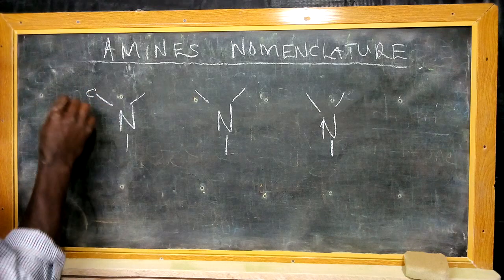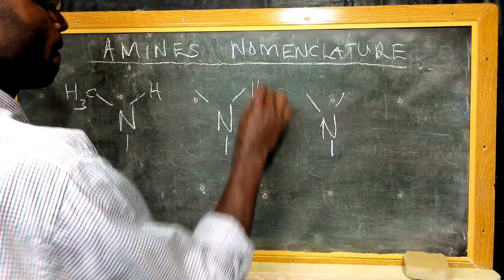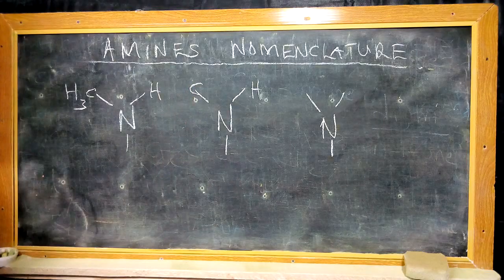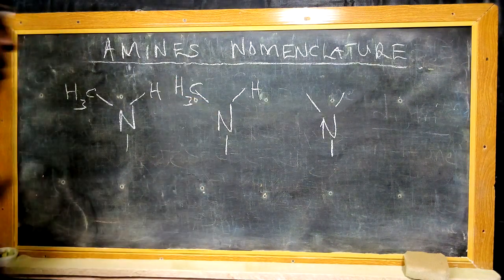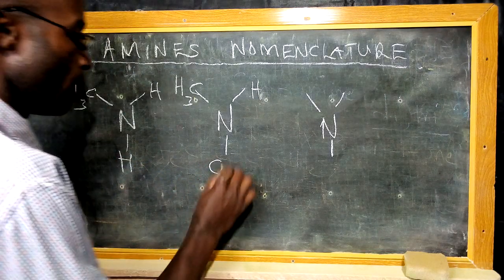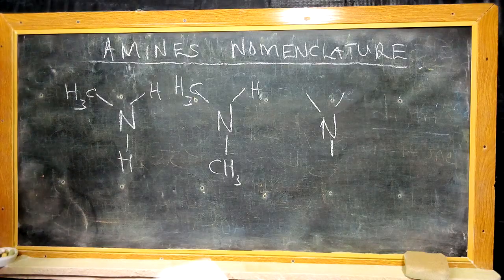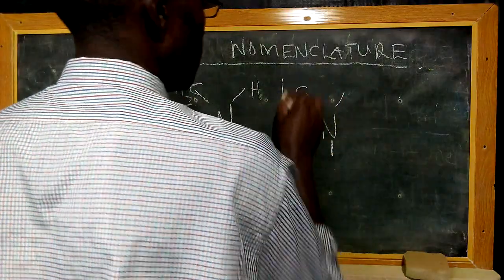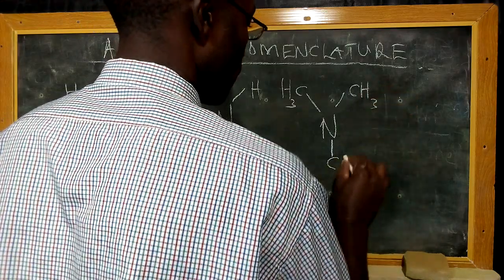So we have hydrogens and CH3. These are methyl groups at those particular points, and then we have hydrogen, a methyl group, and then we have three methyl groups at this particular point.